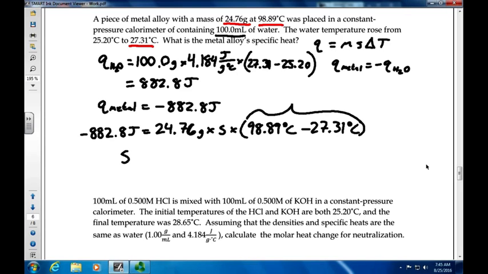And when you do that, you'll find that S is equal to negative 0.498 joules per gram degree C.